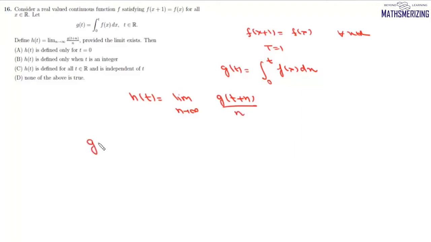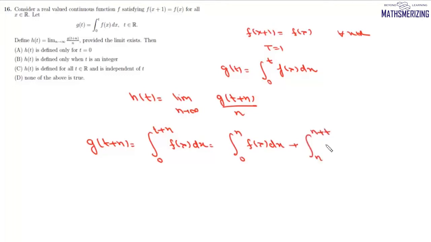Now if we look at g(t plus n), it will be nothing but the integral from 0 to t plus n of f(x) dx. Now we can write this as the integral from 0 to n of f(x) dx plus the integral from n to n plus t of f(x) dx.